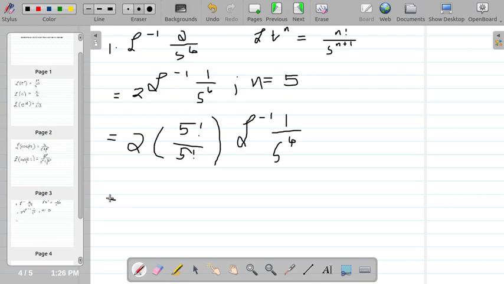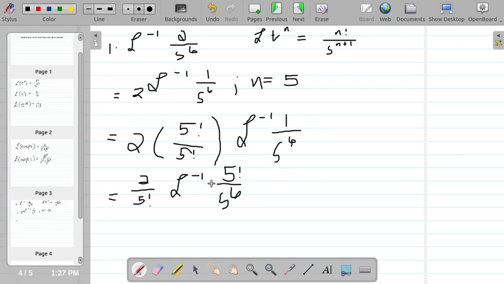So we can rewrite this as 2 over 5 factorial, then the inverse Laplace of 5 factorial over s raised to the power of 6.